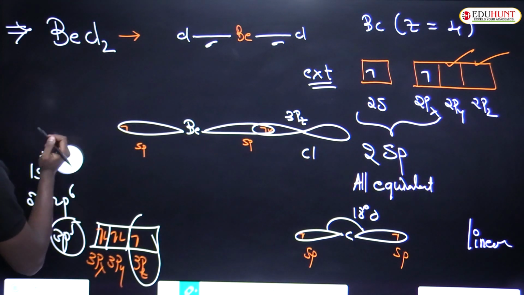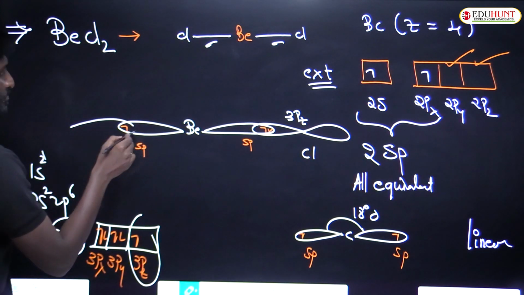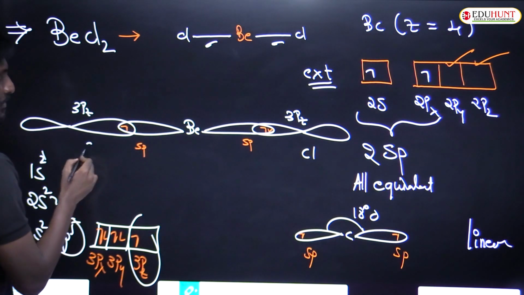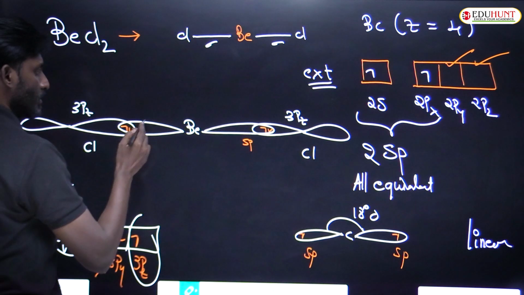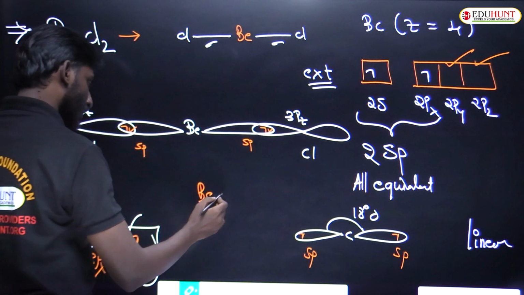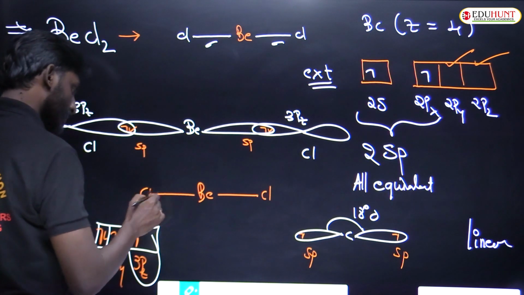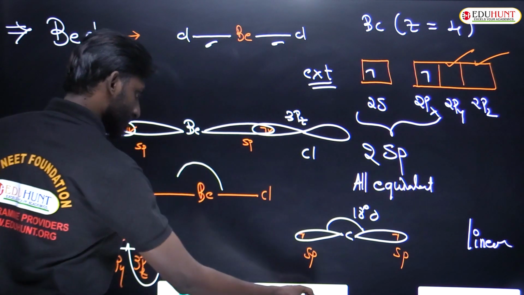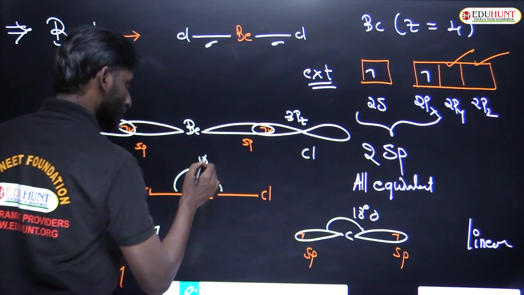Similarly, the 3pz of another chlorine with its unpaired electron. That's it. Then how simply can I represent beryllium? Single bond, chlorine, chlorine. The bond angle is obviously 180 degrees.